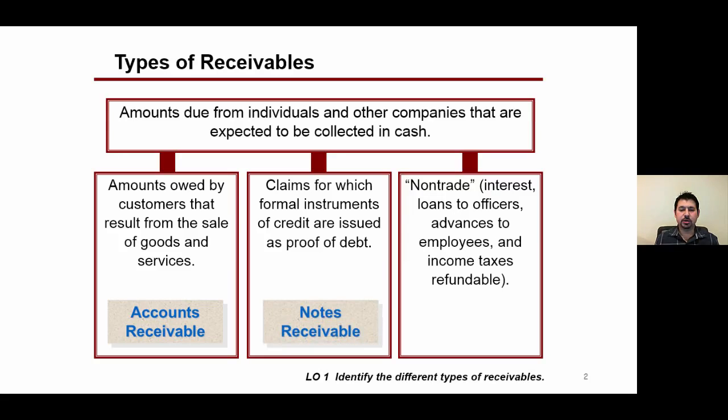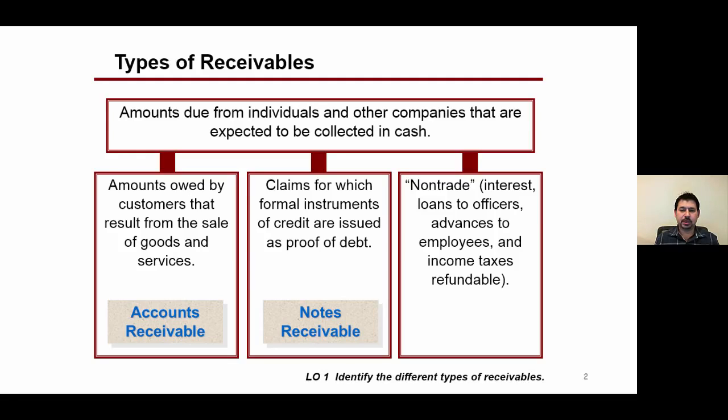receivable is notes receivable. This has a stronger claim against the assets of the customer because they have a formal promissory note where the borrower of the money has officially promised to pay back on a certain date, and most of the time this kind of instrument also incurs interest depending on the agreement.